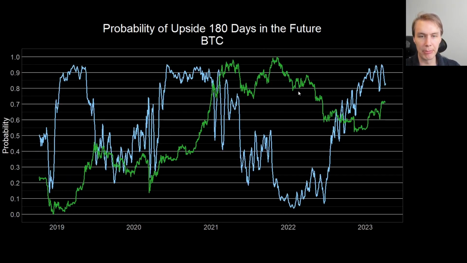The idea is that by combining it with this additional model, in this case the probabilistic forecast model that I've been working on, you can make the results even better. So MDC on its own will crush buy and hold, but it will do so to an even larger degree if you combine it with other data, such as the probabilistic forecast model.